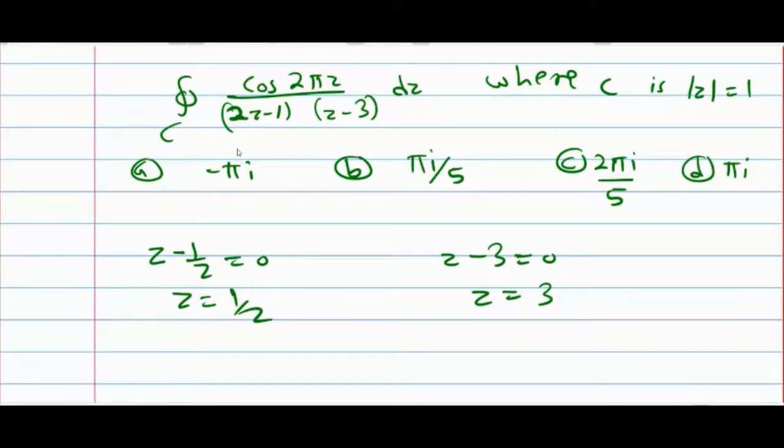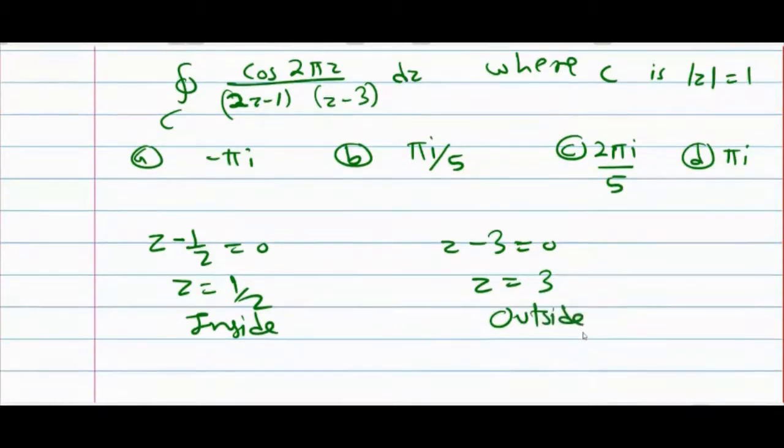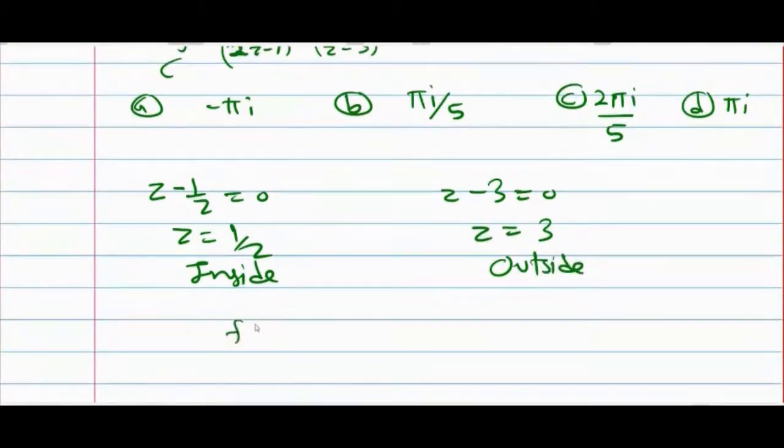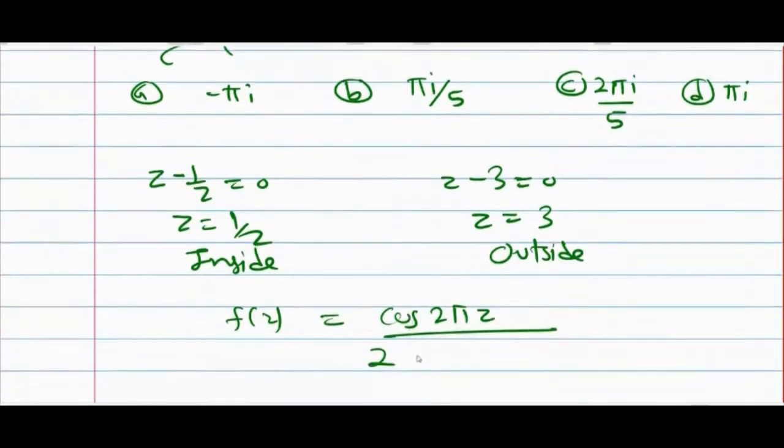So z equal to 1 by 2 is inside. This point is outside. Outside मतलब वो f of z में आ जाएगा, तो आपका f of z बन जाएगा cos 2 pi z divided by 2, we have already taken common, and the point which is outside, z minus 3 is outside. So this is our f of z.